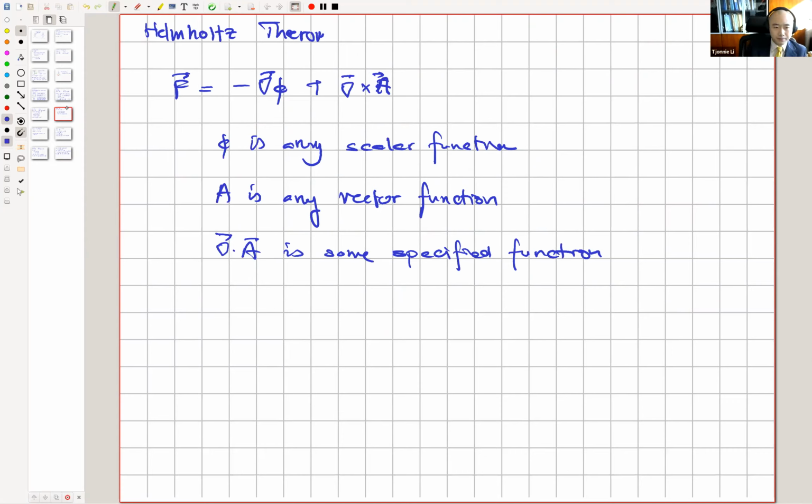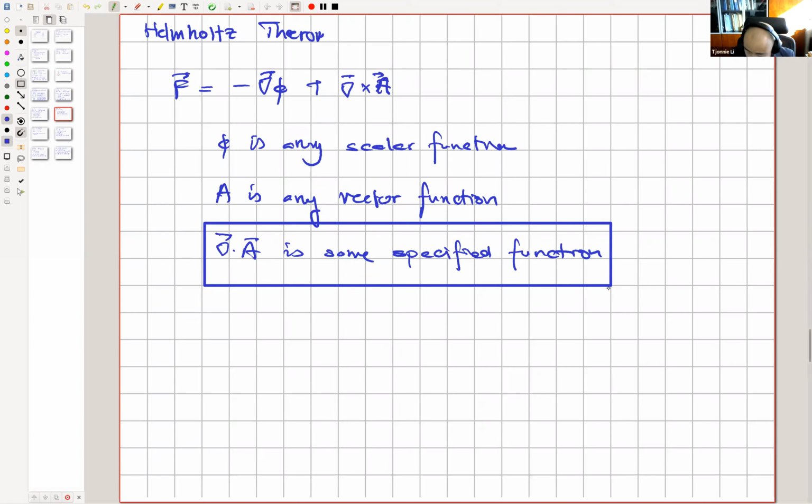This is Helmholtz theorem. Helmholtz theorem says that any vector field can be written as the negative gradient of phi plus the curl of A. Phi is any scalar function, A is any vector function. But the third thing that is important is this: the divergence of A is some specified function.